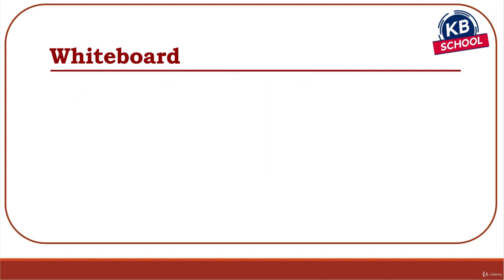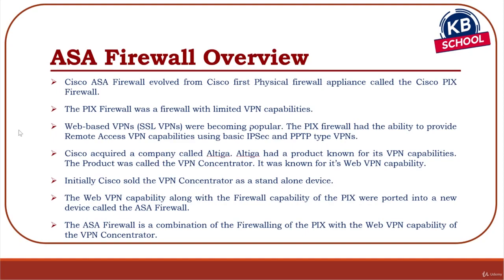So to recap the first part, I talked about the first physical firewall being the PIX firewall. The firewall had limited VPN capabilities. The web-based VPN were not becoming popular at the time. The PIX firewall did not have that capability of doing that. Cisco acquired another company by the name of Eltiga, and Eltiga had that device called the VPN Concentrator.